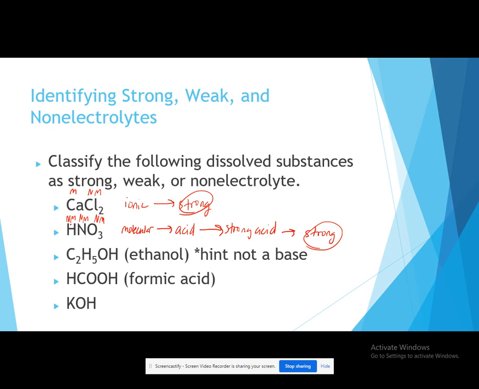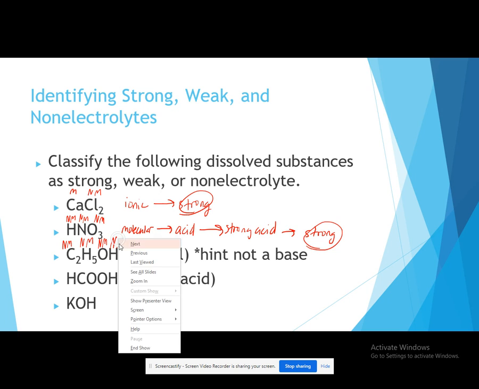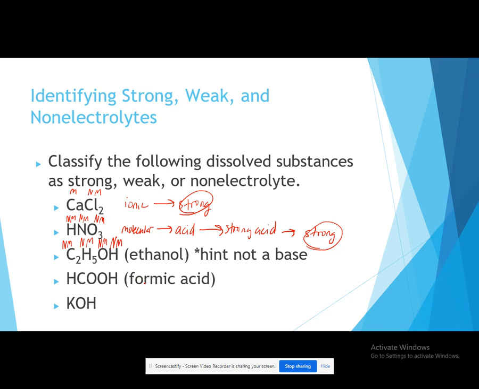C2H5OH. Here, carbon is a nonmetal, hydrogen is a nonmetal, oxygen is a nonmetal, and again, H is a nonmetal. Now, I provide the name here. So 1, I know it's molecular. So I know it's not strong. Then I ask myself, is it an acid or a base?